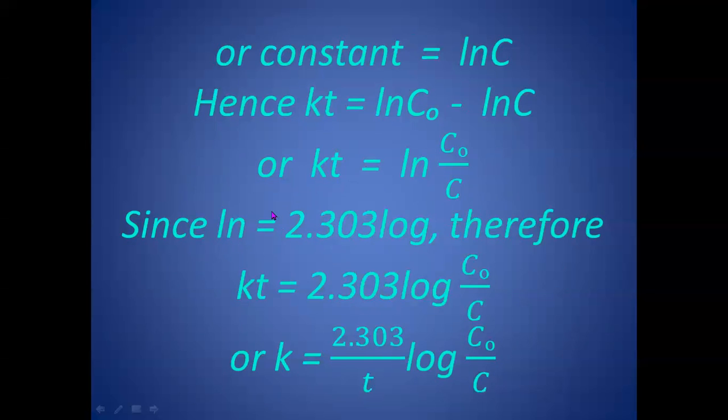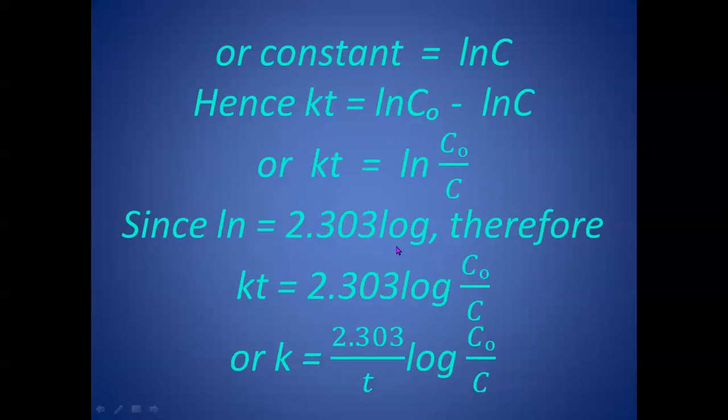Means we can determine the rate using this equation for first order. Now, the original equation is Kt is equal to ln C0 by C, where K is the rate constant, t is time, ln means natural logarithm, C0 is the initial concentration of the reactant, and C is the concentration at a particular time t. Now, you should remember that natural logarithm is always equal to 2.303 log.